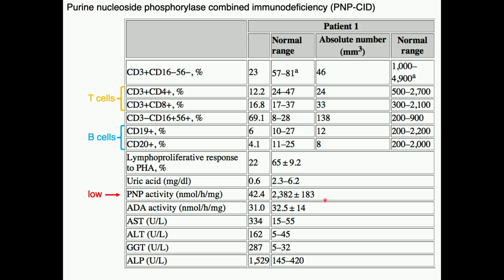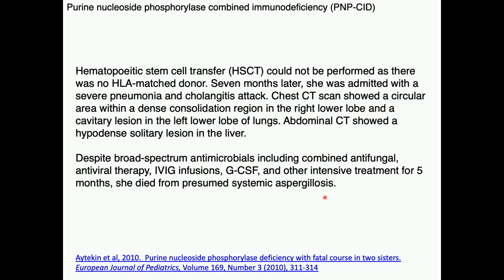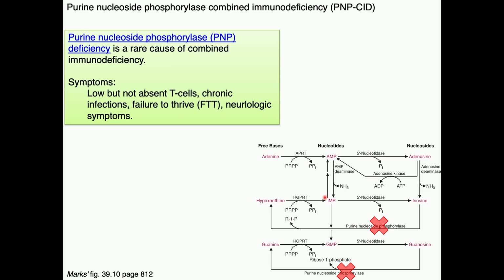If you're given these two activities, you should be able to distinguish between PNP and ADA CID, okay? But just looking at the lymphocyte levels or what opportunistic infections they have, that's going to be beyond your scope, okay? But generally, in PNP deficiency, the lymphocytes aren't as low as they are in the ADA deficiency.